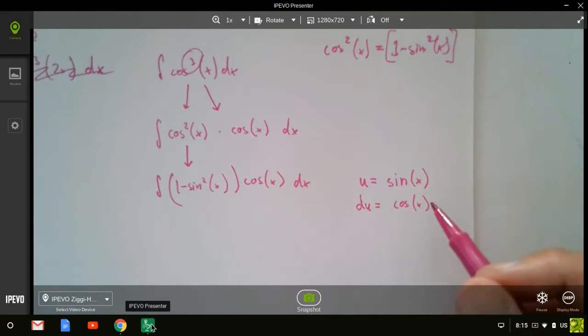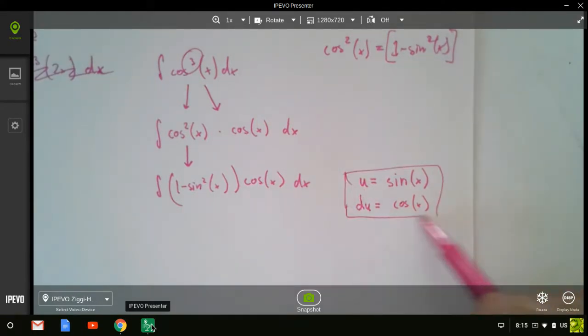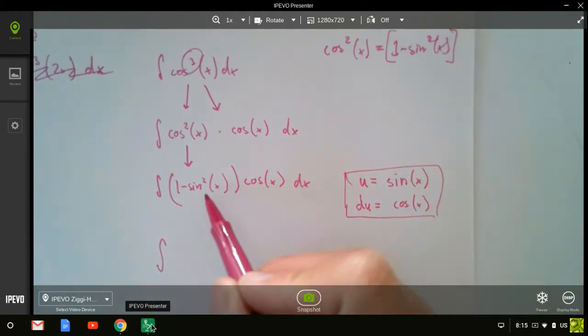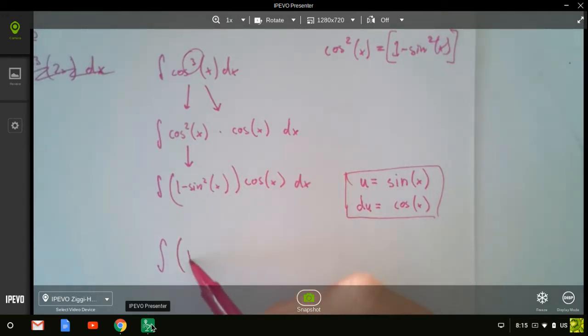Okay, so now the next step is once you establish your u and your du, you're going to substitute it back in wherever you see sine of x and wherever you see cosine of x. I see sine squared x, so what is that going to look like? It's going to be 1 minus what now? u squared. Not just u, but u squared.